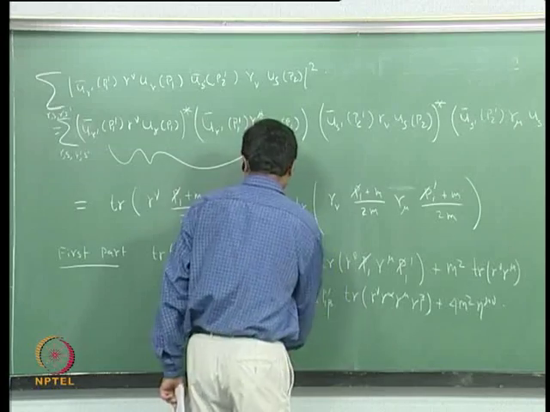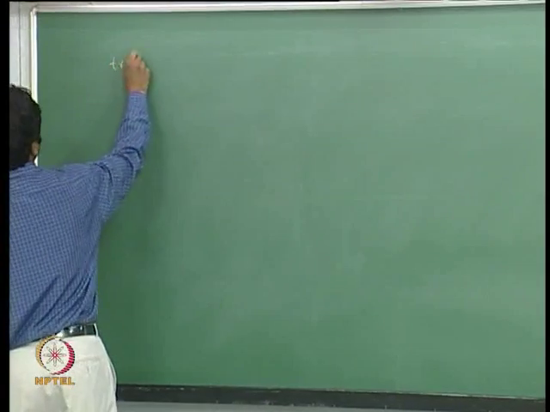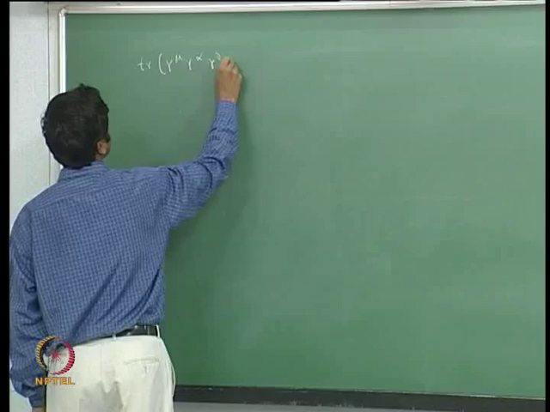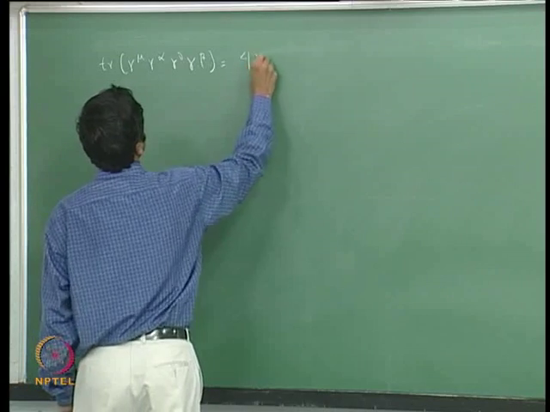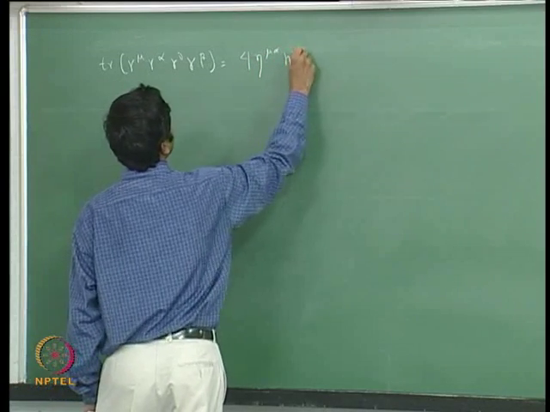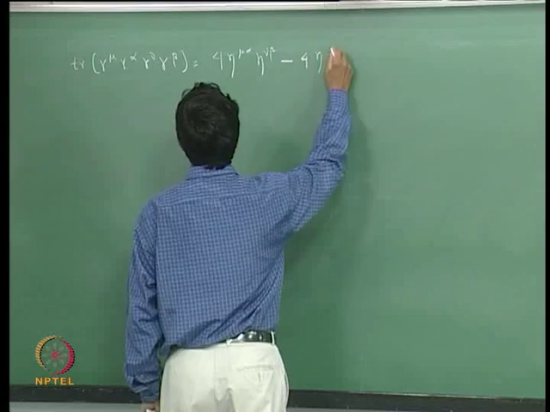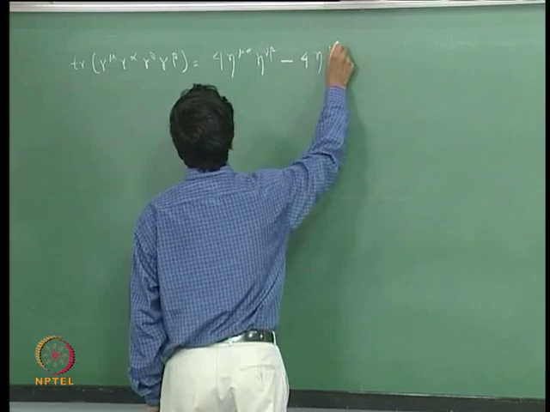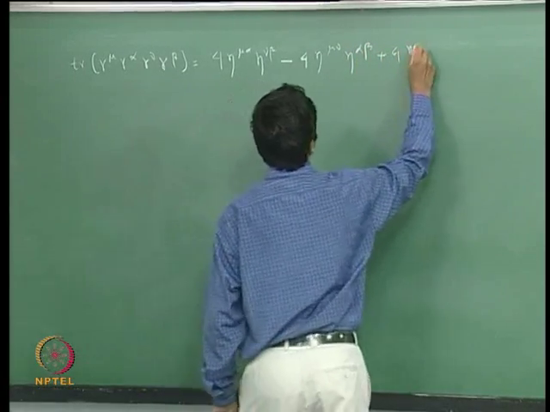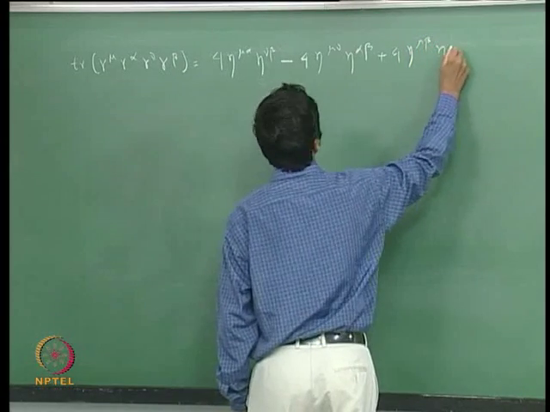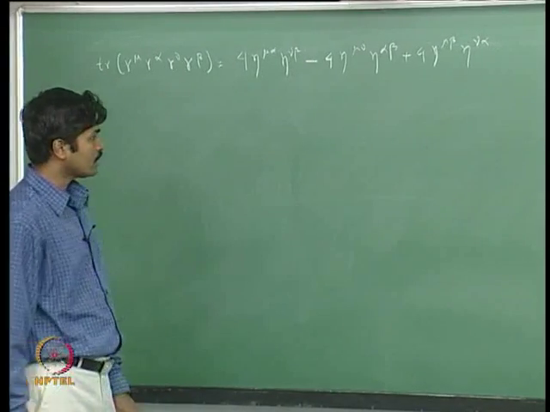This is simply given by: the trace of gamma mu gamma alpha gamma nu gamma beta is simply 4 eta mu alpha eta nu beta minus 4 eta mu nu eta alpha beta plus 4 eta mu beta eta nu alpha. This is the trace.